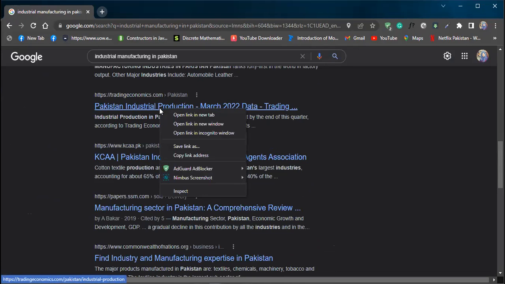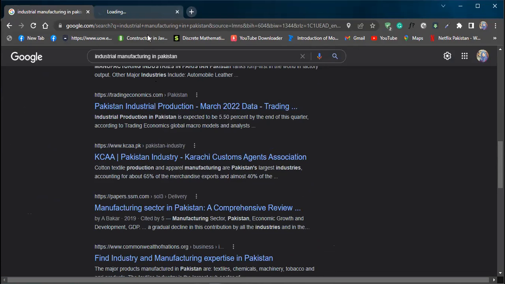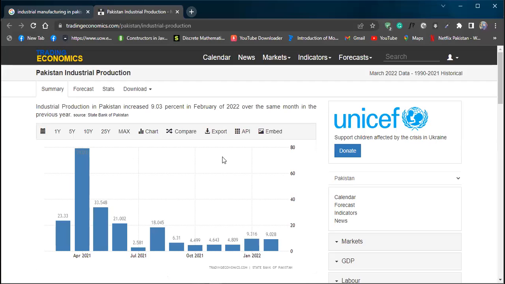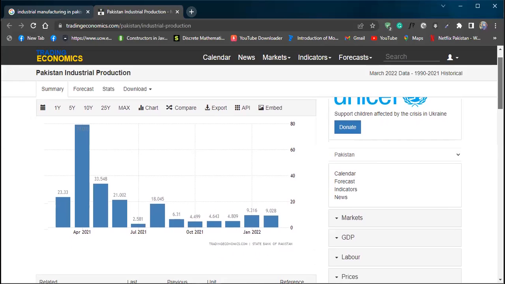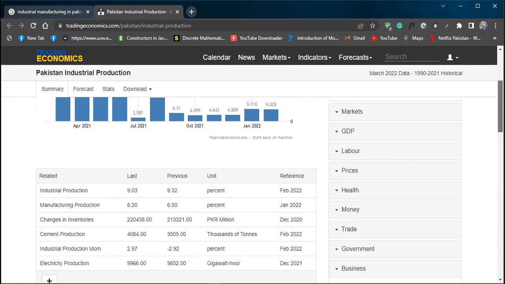Now have a look at Pakistan's industrial production, how much money it's producing from industries.